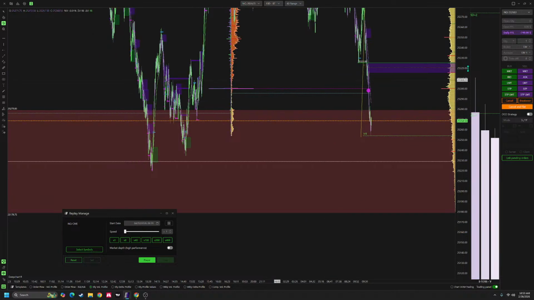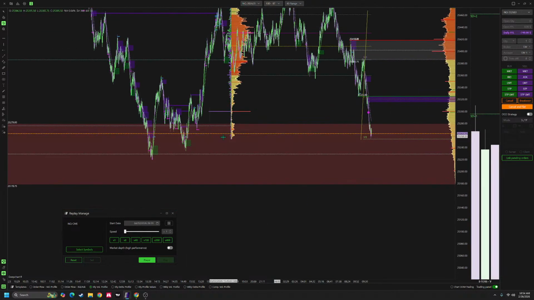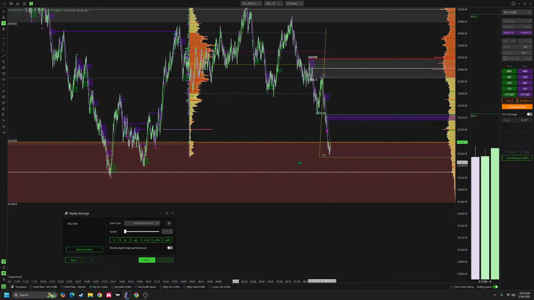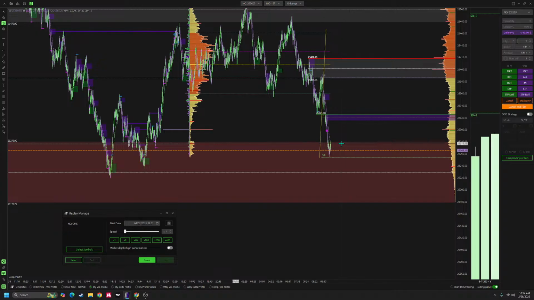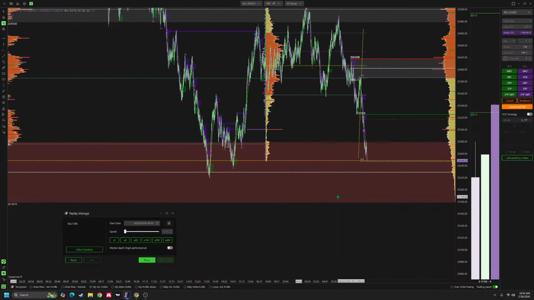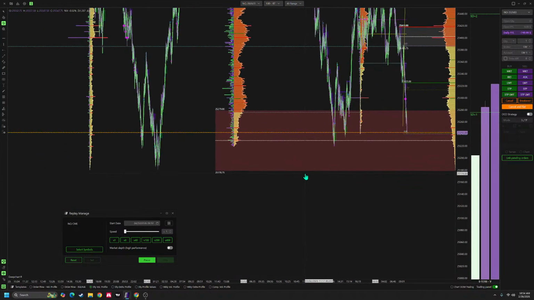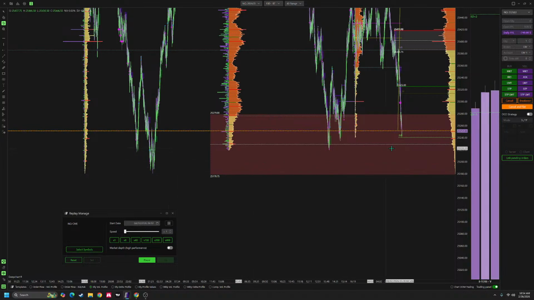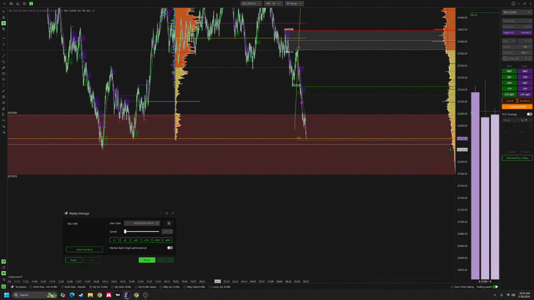For context, we can zoom out so we can kind of see where we're at on a higher time frame basis. So this 50% area is interesting.